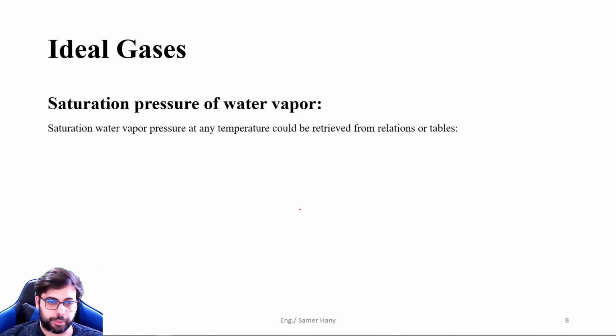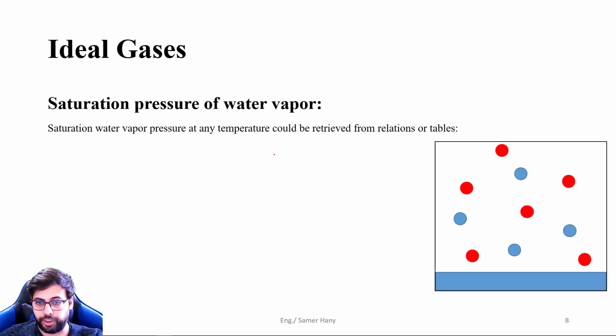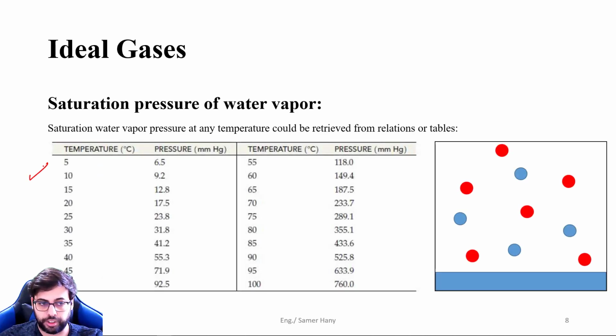Next topic is the saturation pressure of water vapor. The saturation water vapor pressure at any temperature could be retrieved from relations or tables, just like this one that you'll find in the notes or the sheet. And it just depends on the temperature. The saturation pressure or vapor pressure depends on the amount of energy inside the liquid phase, and the temperature, as we discussed before, is the indicator for how much energy is inside a certain liquid.